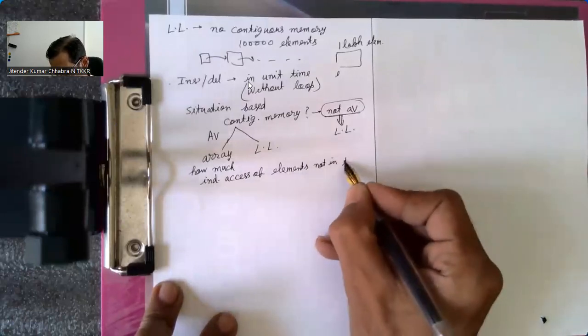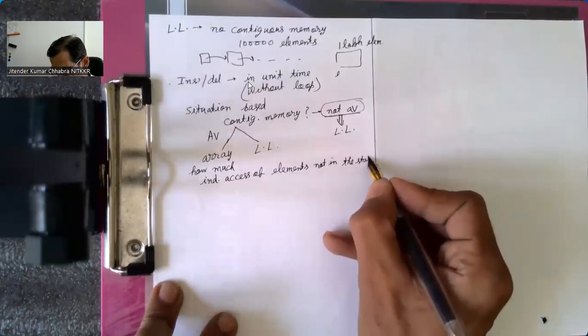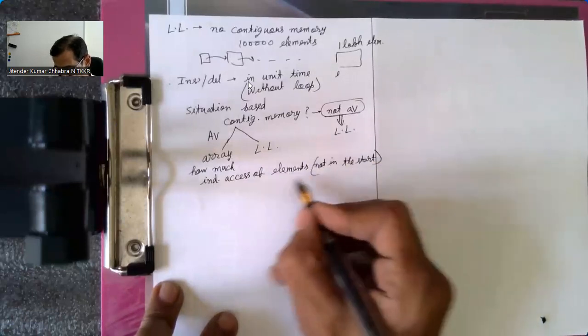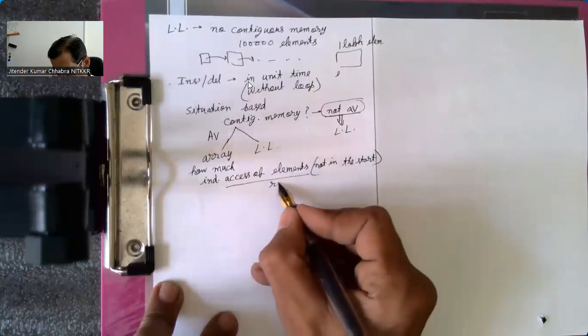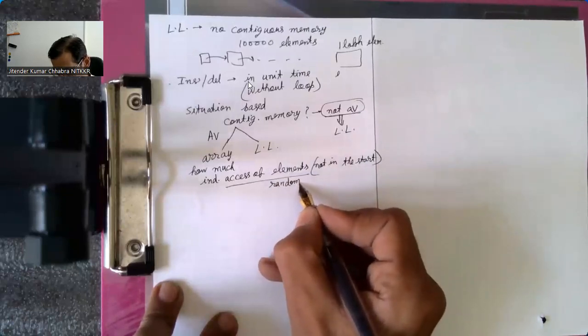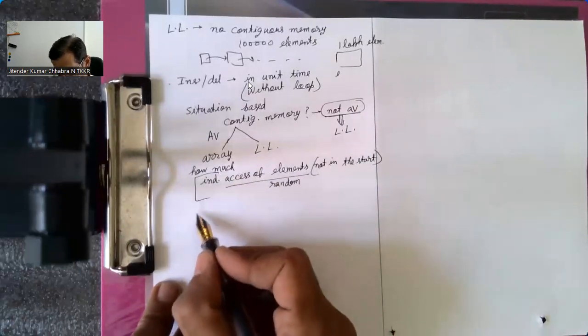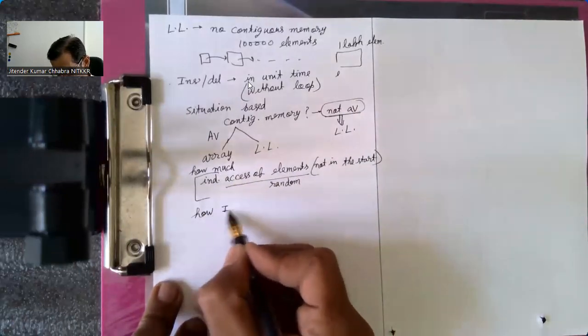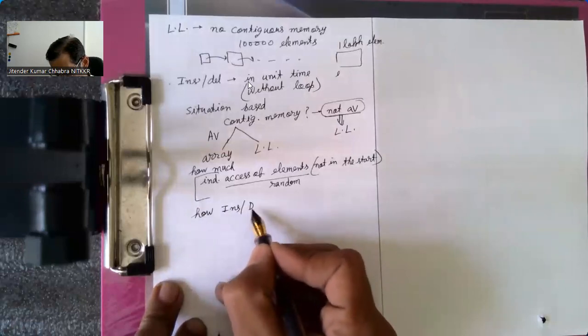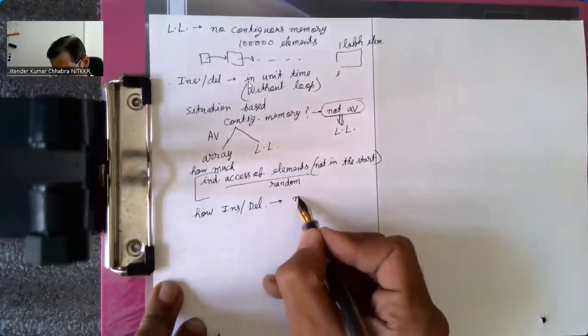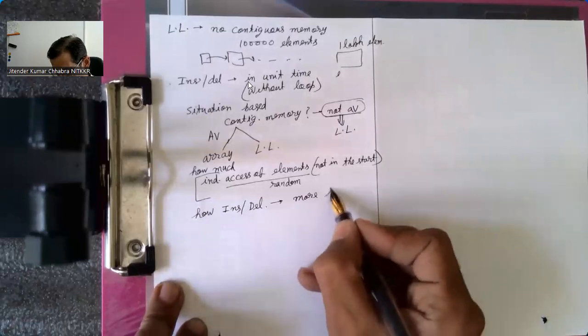Because in the starting of the linked list, faster insertion access will be possible. But if you require some random element access very frequently, then obviously array is useful, versus how much insertion and deletion you will need. If you need insertion and deletion more frequently, then you should prefer linked list.